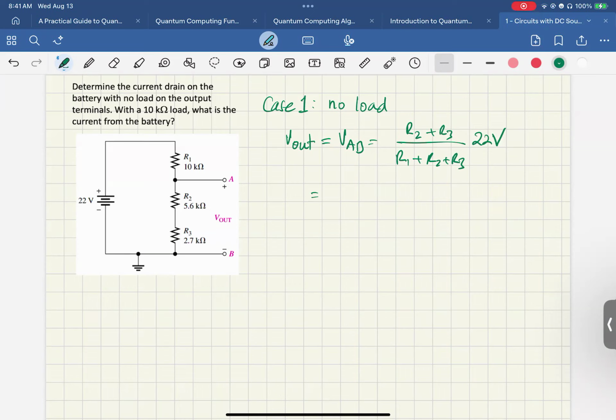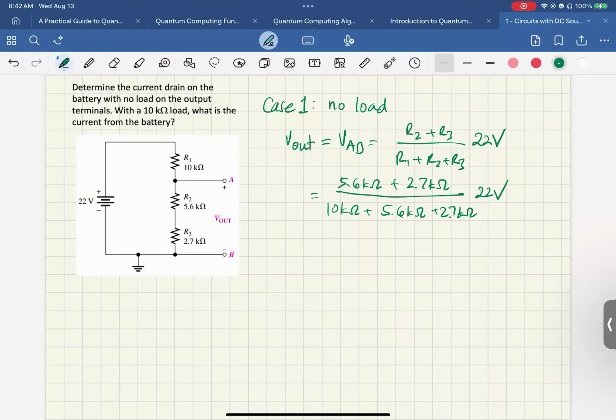So that's equal to 5.6 kilo ohms plus 2.7 kilo ohms over 10 kilo ohms plus 5.6 kilo ohms plus 2.7 kilo ohms times 22 volts. Okay, so yung output voltage dito or yung voltage across AB is then equal to 9.98 volts. So 9.98 volts when there is no load.